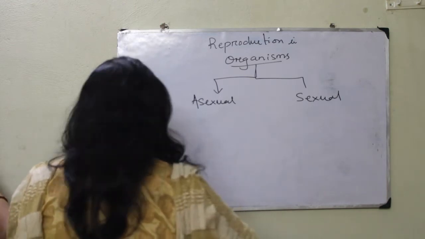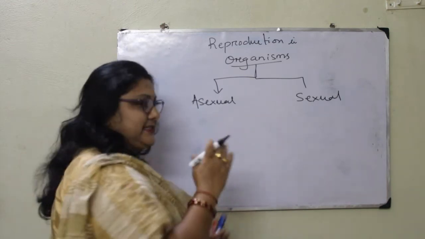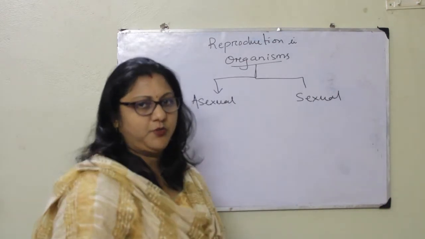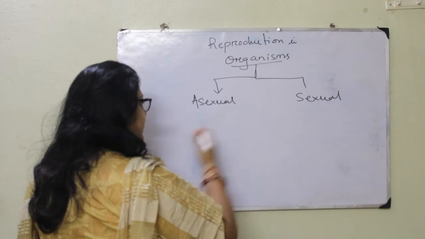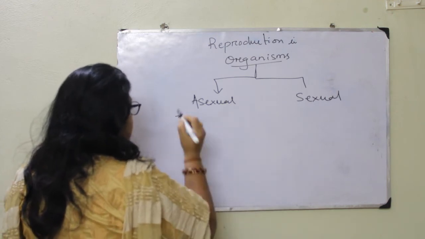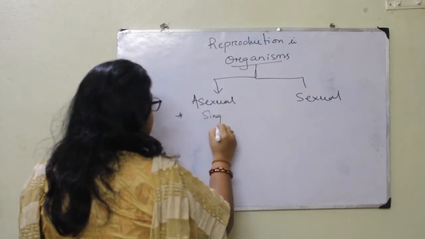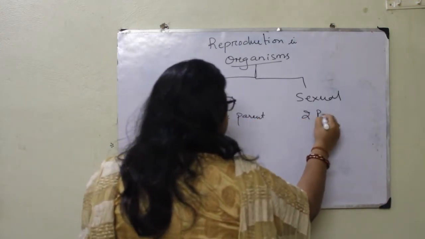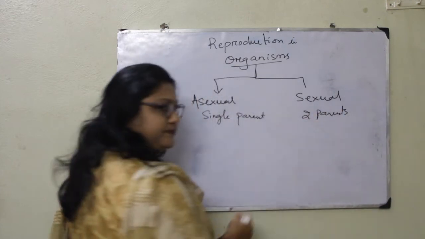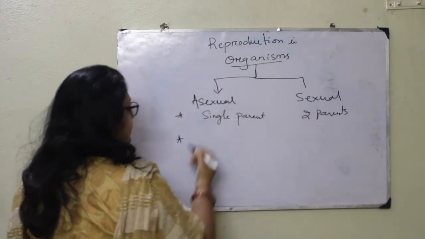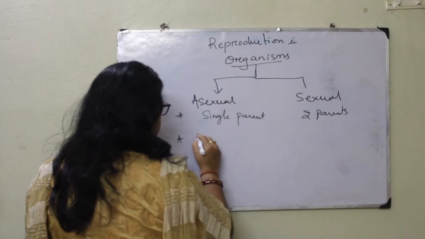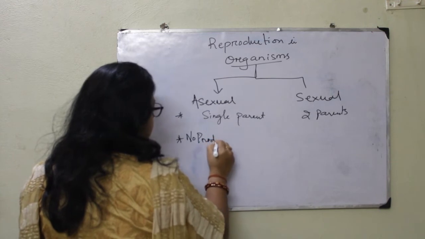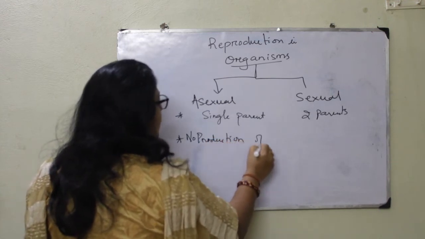Clear? Okay. So now some basic differences are there between asexual and sexual mode of reproduction. Now what are the basic differences? First point is single parent in asexual. Here in sexual, two parents. Okay. Second difference, there is no production of gametes here.